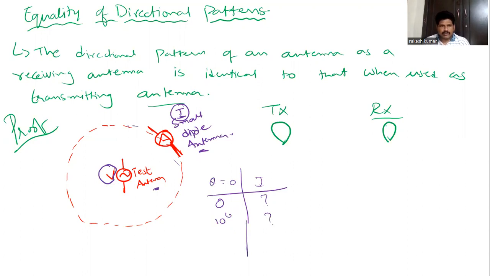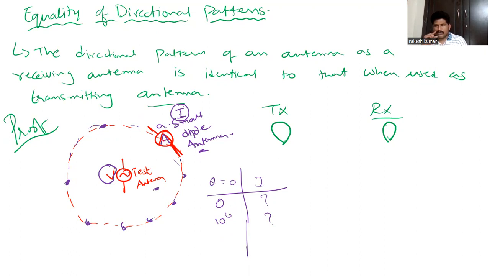You are simply rotating your antenna here. At different positions you are going to measure the currents. The current is the measure of electric field at the different positions of the dipole antenna.